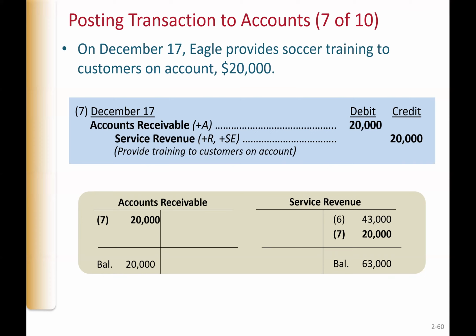We credit our service revenue because we know service revenue has a normal credit balance. We also know that service revenue ultimately flows into stockholders' equity and increases our stockholders' equity account. And the stockholders' equity account increases with a revenue.